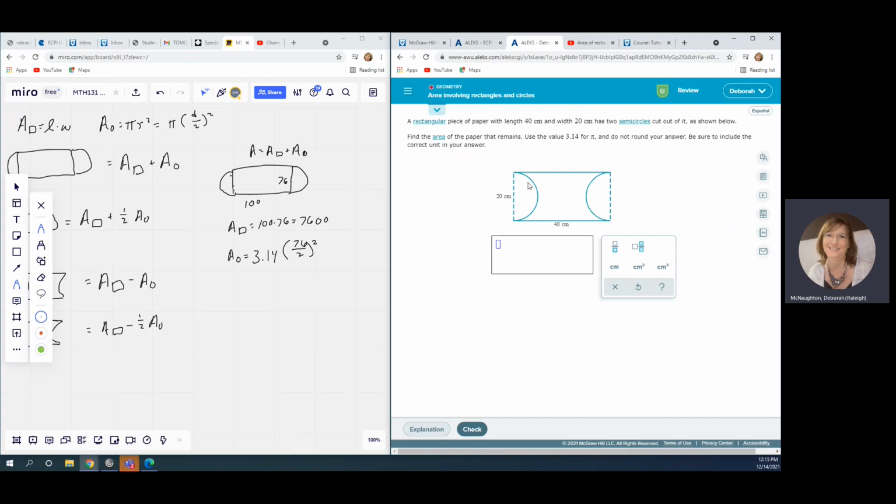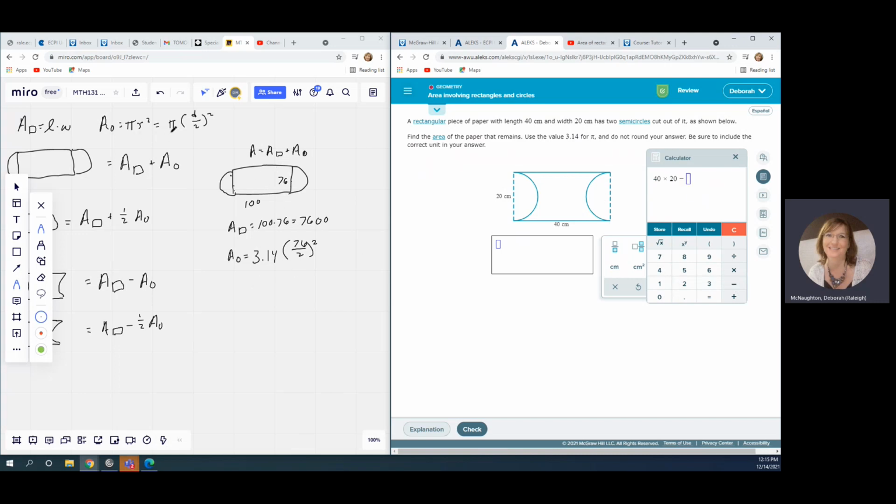I'm going to skip this one because here we have a rectangle minus a circle. Well, actually, we can, so you guys, we could just use this formula. So here we have a rectangle minus a circle. So the rectangle is 40 times 20. And then I'm going to subtract off the area of the circle.